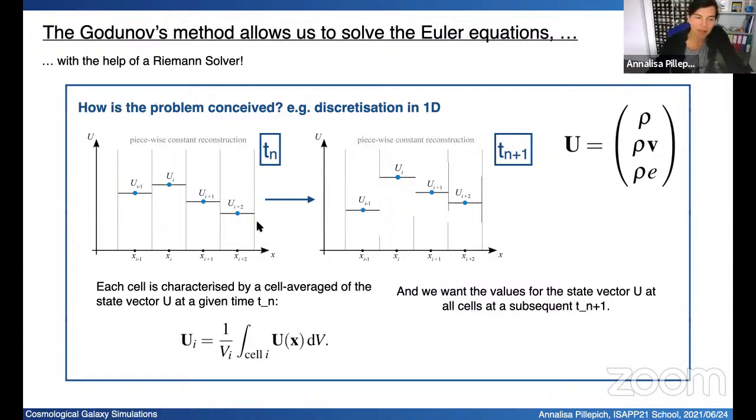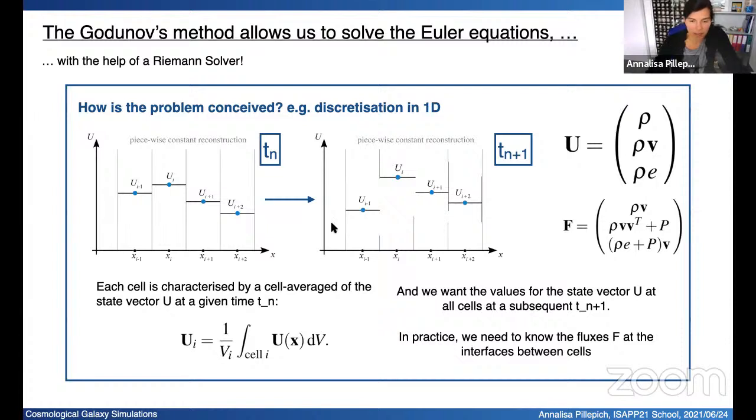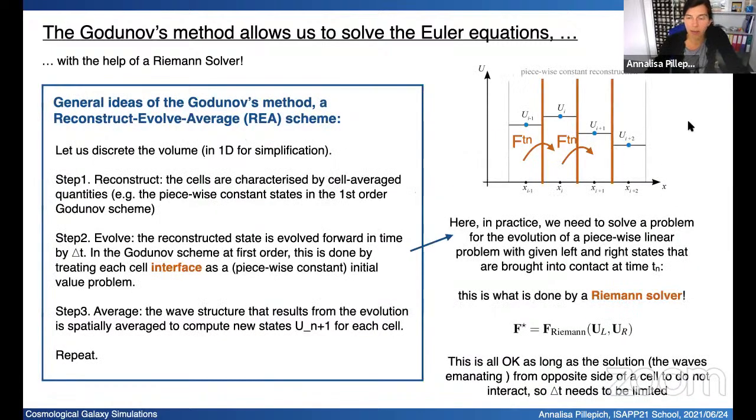The left-hand side here depicts the state of your system at a given time. We want to say what the system is at the next time step, numerically. In practice, we need to know the fluxes at the interfaces between the cells, all right?